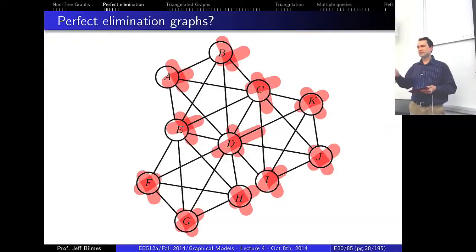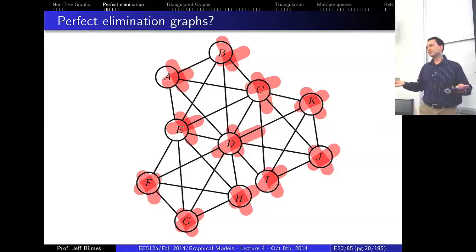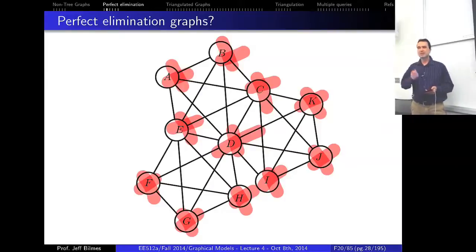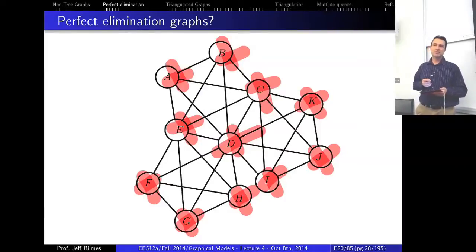What moralization does is remove the expression of the V-structures in a Bayesian network. Then you're left with a Markov random field, which might or might not be a perfect elimination graph, and you still have to do elimination to turn it into a perfect elimination graph. But we'll talk about the semantics of Bayesian networks. I think that's important. But let's get back. Maybe you can ask that question again when we talk about Bayesian networks, and that will be more clear.